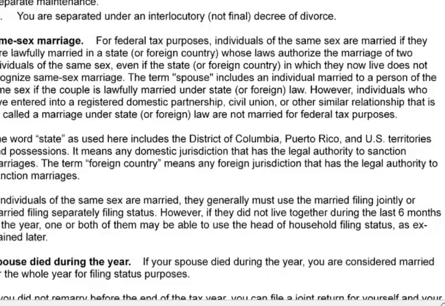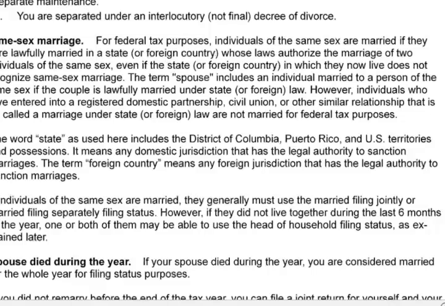Okay, let's simplify this. Let's say somebody got married in another state and then they move to a state like Michigan that doesn't allow same-sex marriages. They are considered still married.